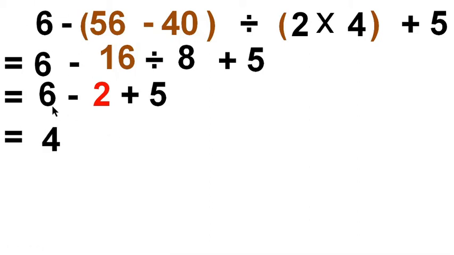And then we have to subtract here. If we subtract 2 from 6, we get 4, then plus 5. If we add 4 and 5, we get 9. And this 9 is the answer of this simplification.